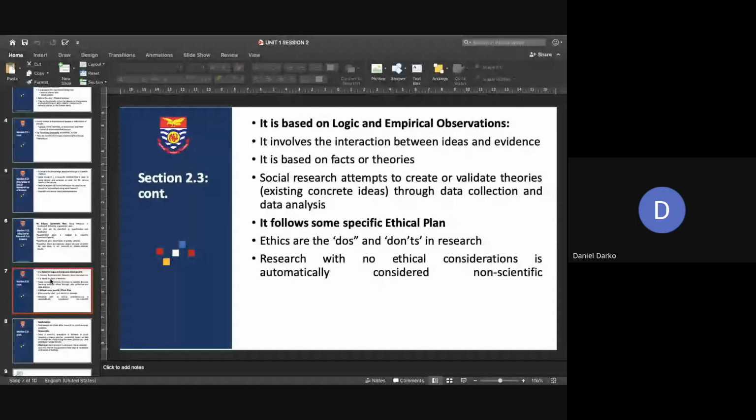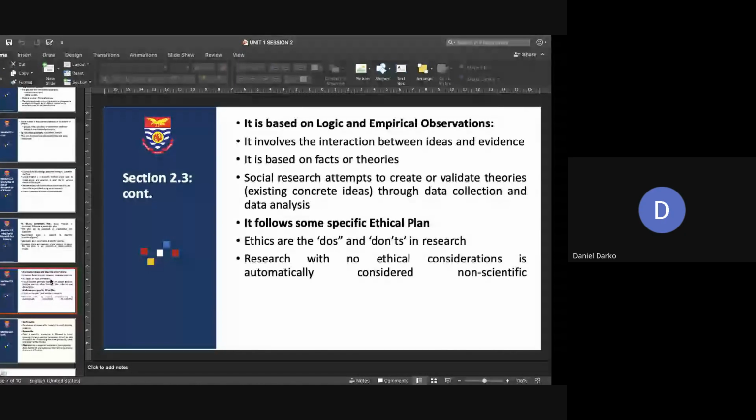Social science research is a science because it is based on logic and empirical observation. What we do is based on evidence, based on facts. We don't speculate. Whatever we do is based on facts. We go to the field, gather data from the people, and based on what the people tell us, we speak to those things.